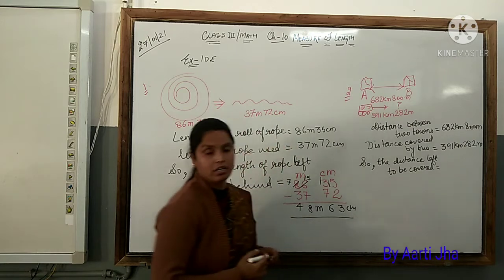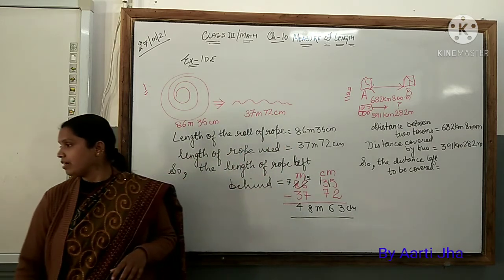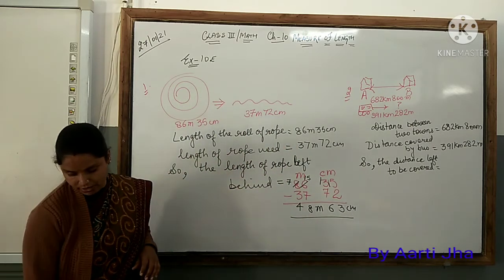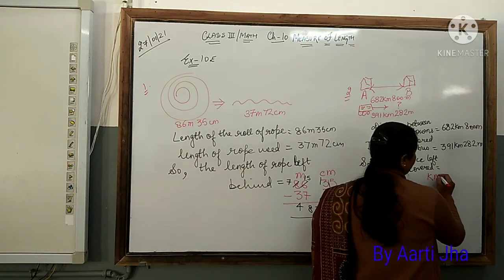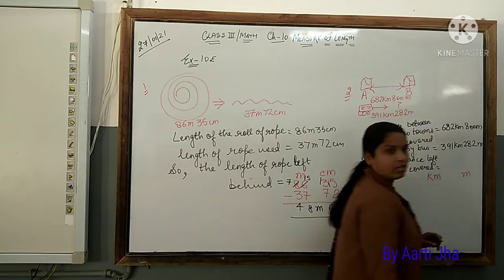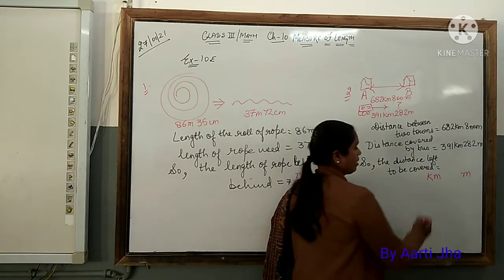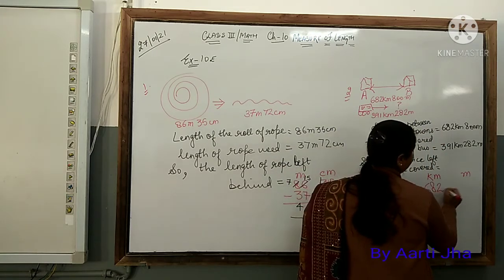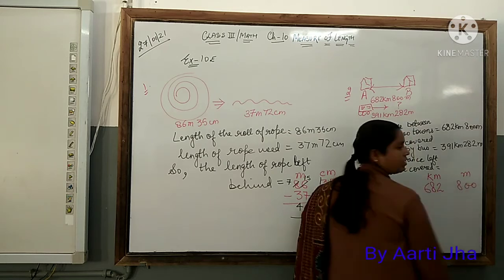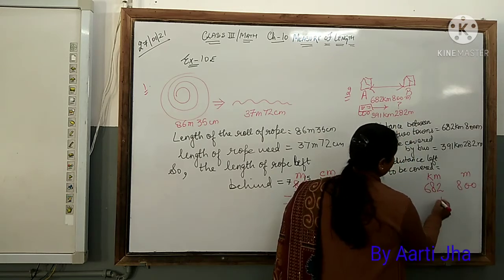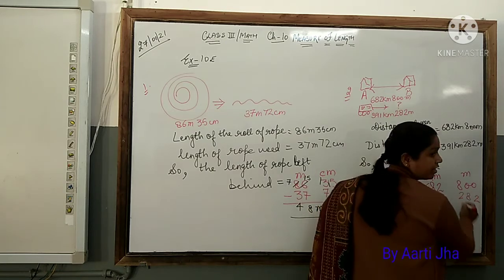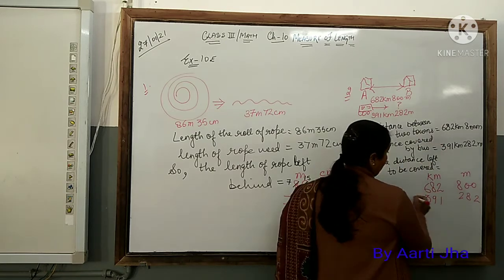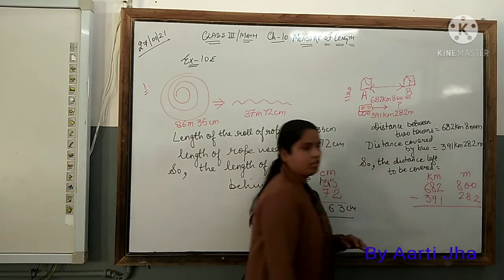We will do the subtraction, and this subtraction we will be doing by arranging in column. Write the units. Okay. Then arrange the numbers. 682, 800 meter. Then 193, and here we will write 282. After that, do the subtraction.